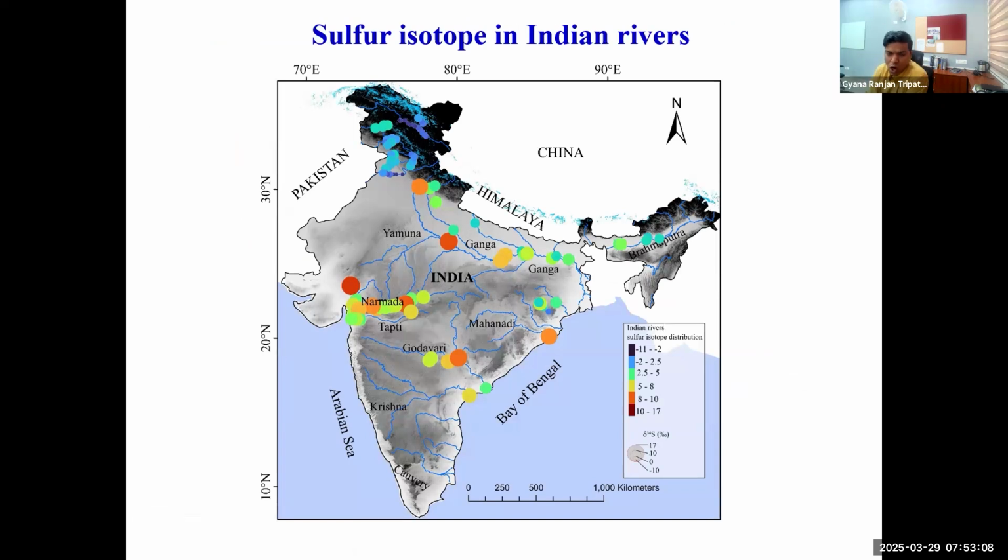If you see the broad trend, probably you can appreciate that on the upper reaches, like in the Himalayas, they are quite depleted. The size of this symbol reflects the delta 34S, so they are depleted and smaller in size when you go to the upper reaches or the Himalaya, whereas if you come to the peninsular India part of it, they are quite high.